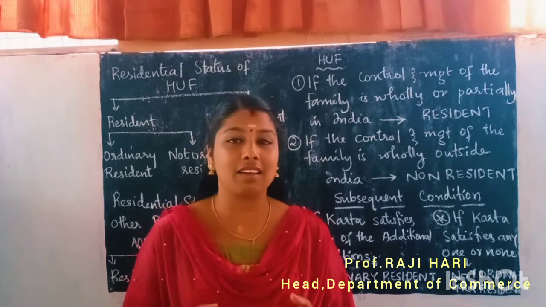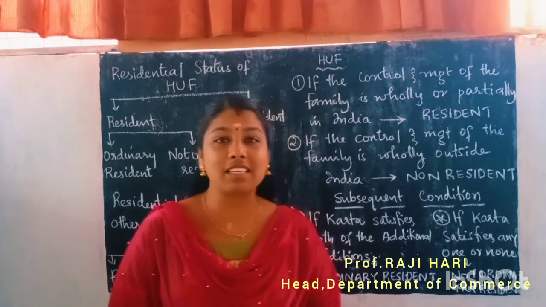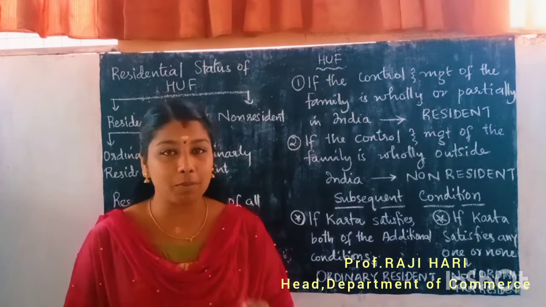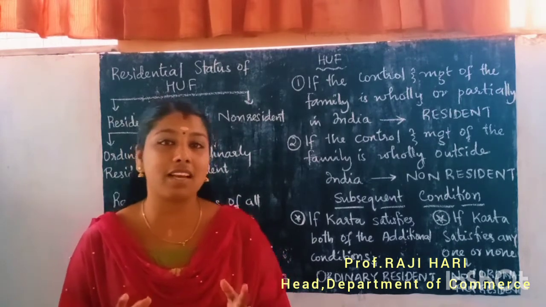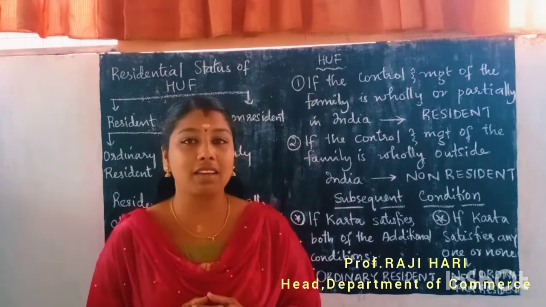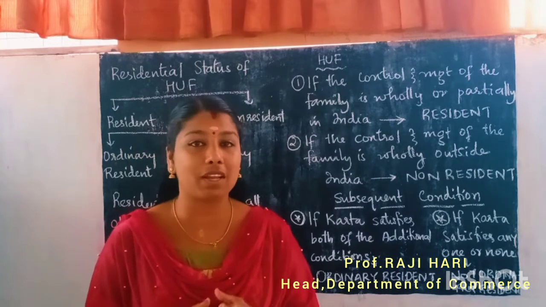Just recollect what I told in yesterday's class. The residential status of an individual is not determined by the domicile or nationality of a person. It is determined by the number of days physically present in India during the previous year.